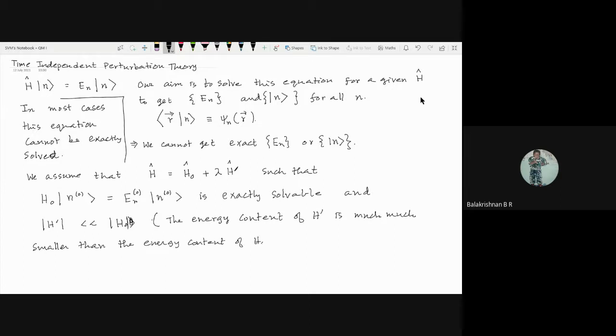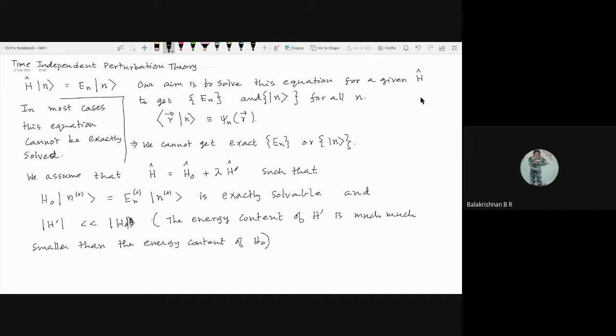If you are measuring this energy content in electron volts, for example, and H naught is 1 electron volt, then H prime should be much smaller than 1 electron volt. However small it is, it is good for us. In that condition, perturbation theory works well.